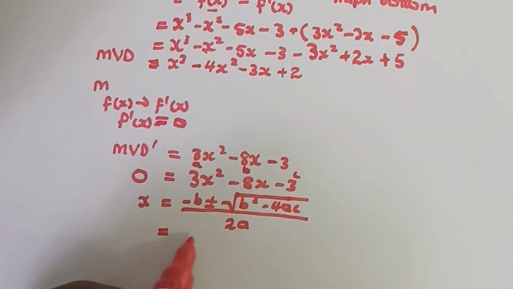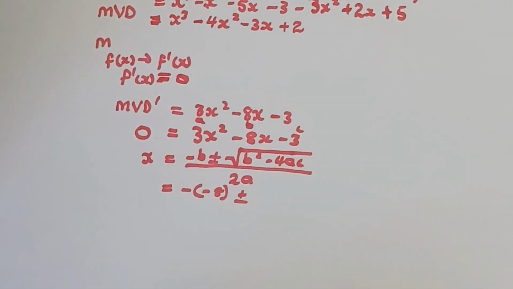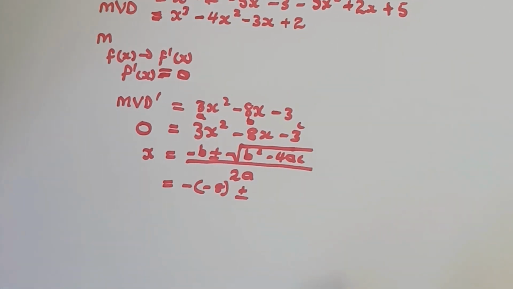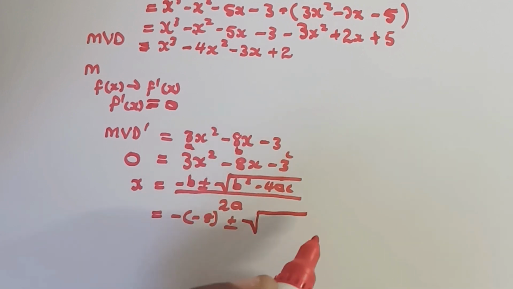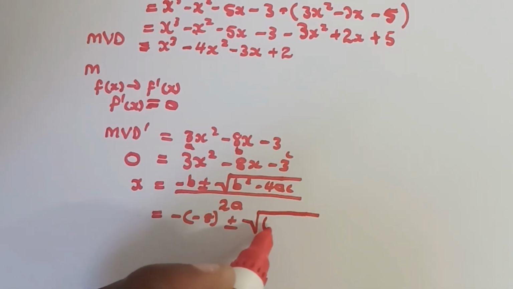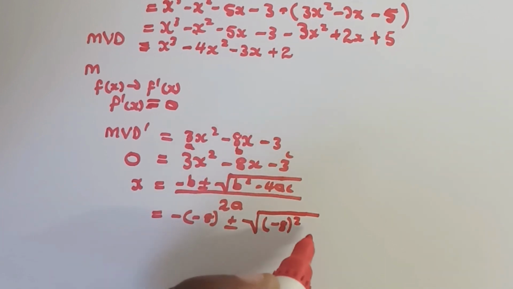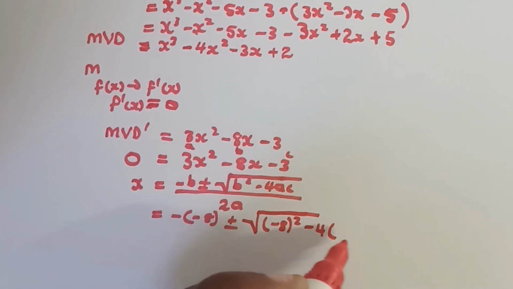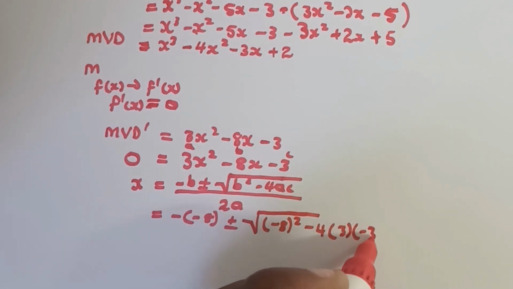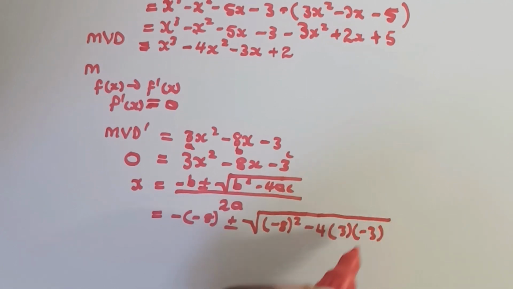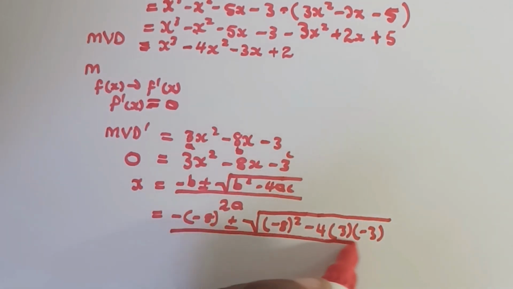So we say negative of negative 8 plus or minus the root of negative 8 squared minus 4 into 3 into negative 3, all over 2 into positive 3.